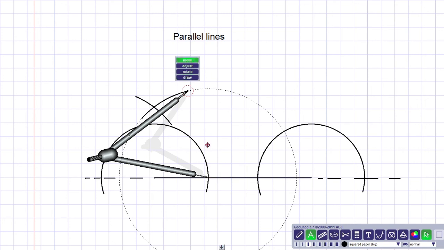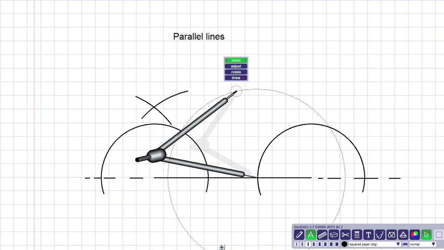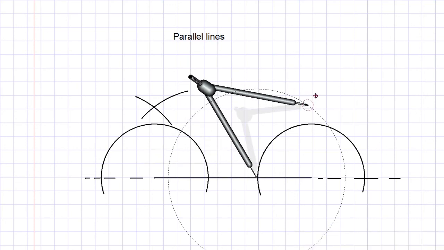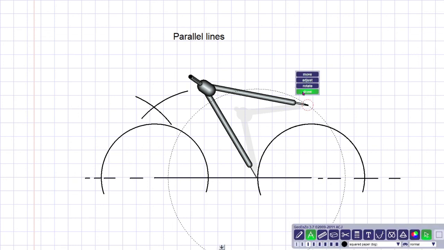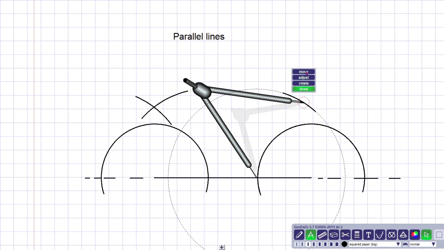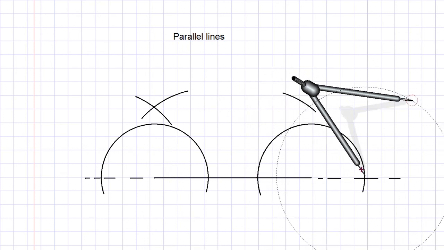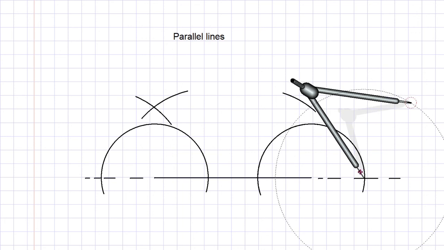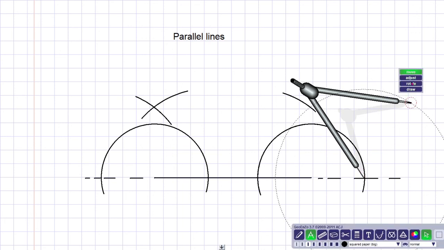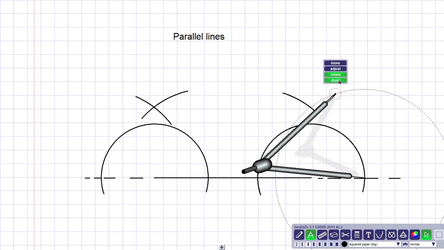Similarly, move to here. Draw an arc. Without changing that radius, move to here. Draw the arc.